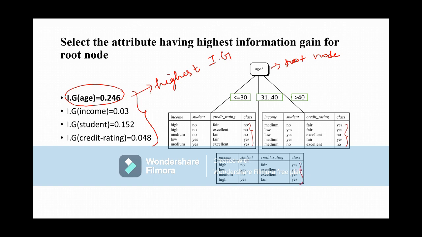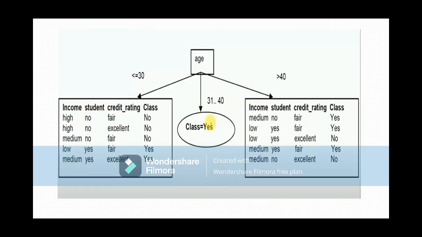Hence, we can simply write the node as a leaf node, which belongs to class yes. So if the age is 31 to 40, they will definitely buy the computer. They simply belong to the class yes. So your decision tree will now look like this.